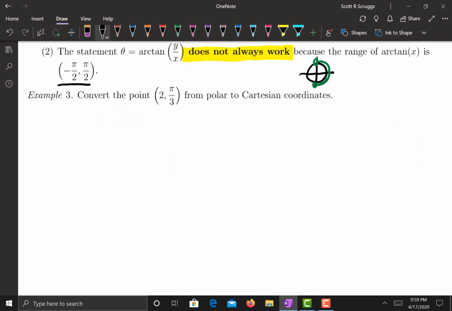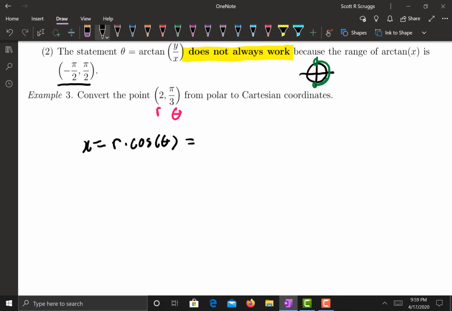All right, let's practice some converting from polar to Cartesian. So because I'm converting from polar to Cartesian, I'm going to use 2 as r. I'm going to use pi/3 as theta. So now, using our Cartesian coordinates, I'm going to have x is equal to r times cosine of theta.